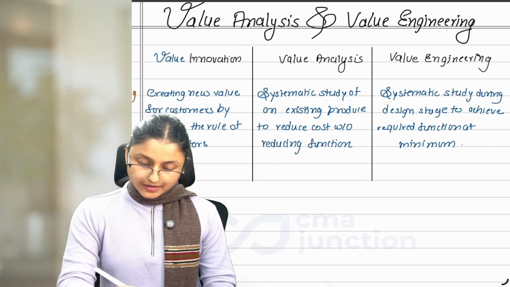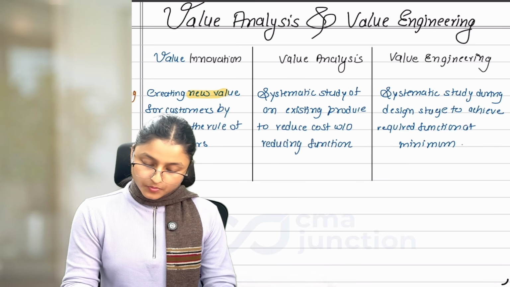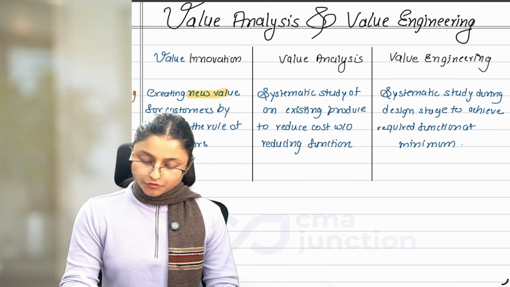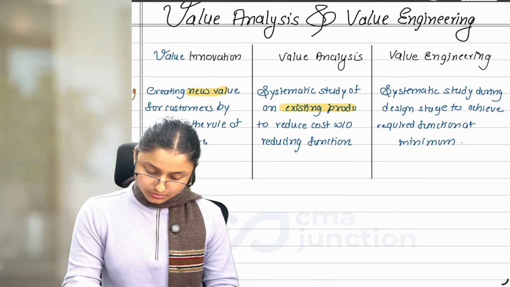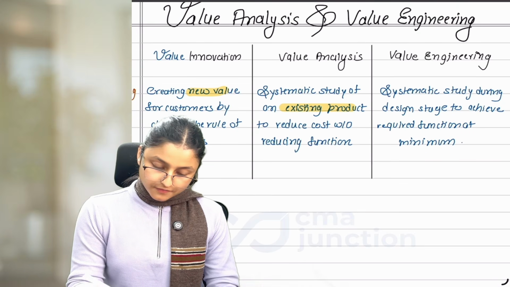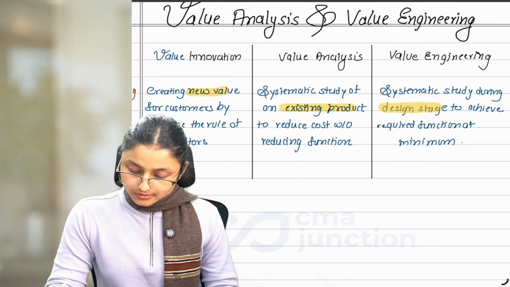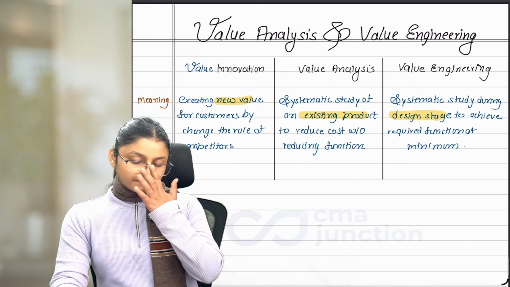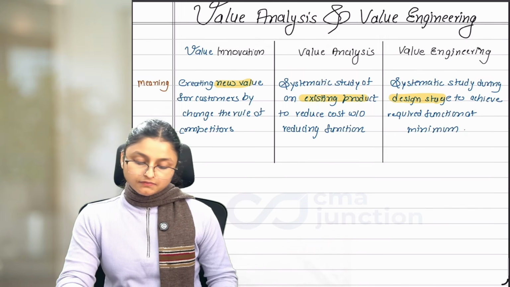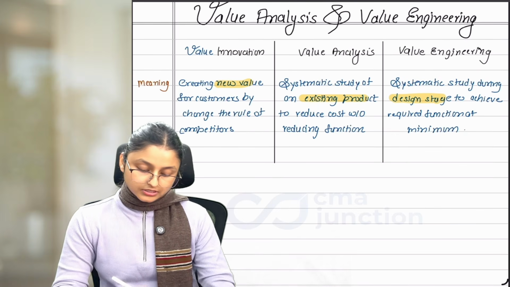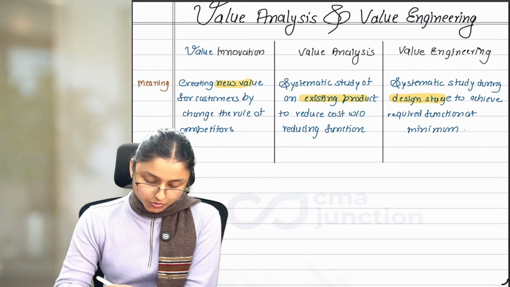So in value innovation, our aim was adding new value. Value analysis focuses on an existing product, and value engineering focuses on the design stage of the product. Value analysis and engineering focus only on reducing the cost, while value innovation focuses on increasing differentiation and reducing cost both together.